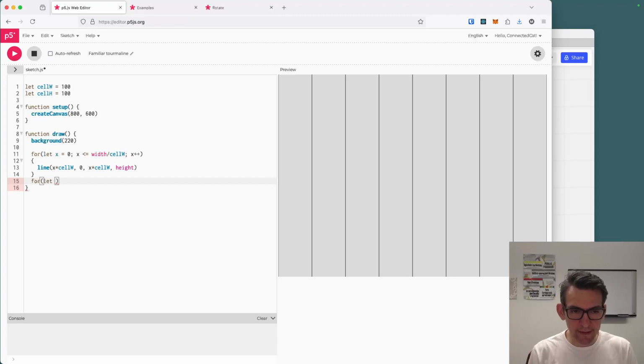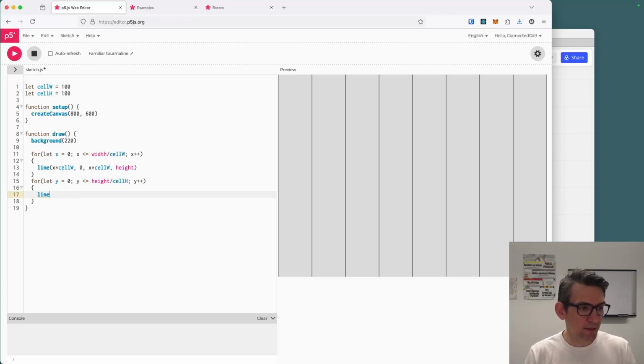So I'm going to say let Y equal 0, for as long as Y is less than or, again, equal to height divided by cell H. And in our case, it's going to be 6, right? I'm going to do Y plus plus. So let's do it again, and then we're going to draw a line again.